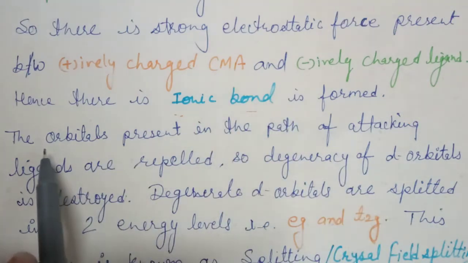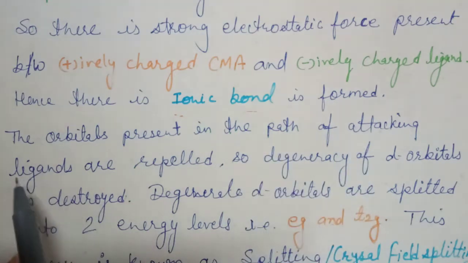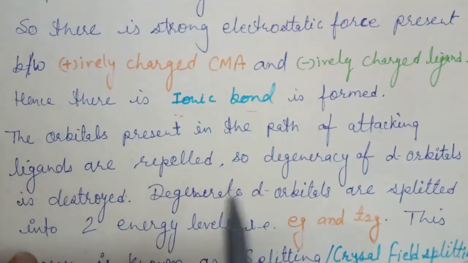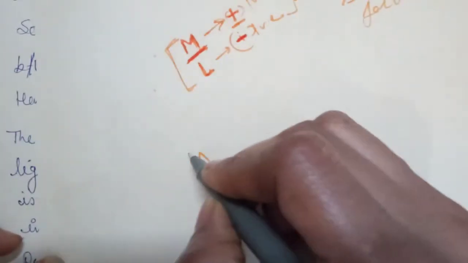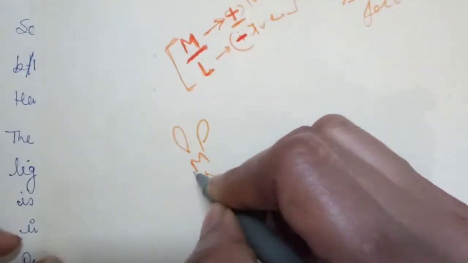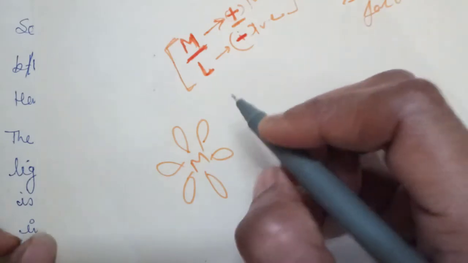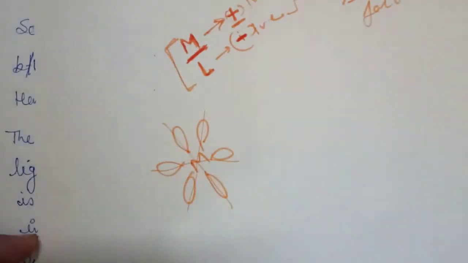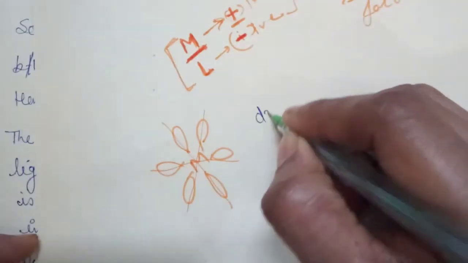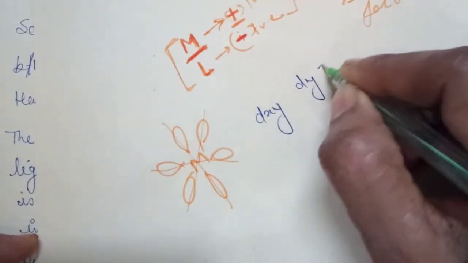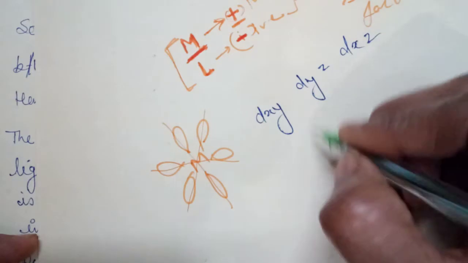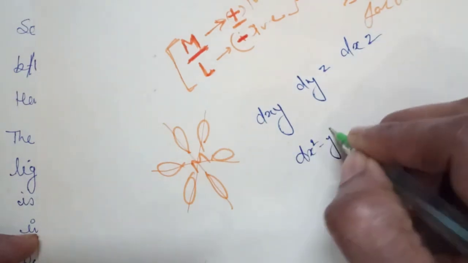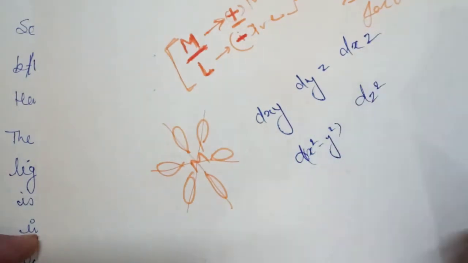Okay, and the orbitals present in the path of attacking ligands are repelled. Why? Means it is the central metal atom, and these are the d orbitals of this central metal atom. Okay, there are 5 d orbitals in the central metal atom, that are dxy, dyz and dxz, and dx square minus y square and dz square.